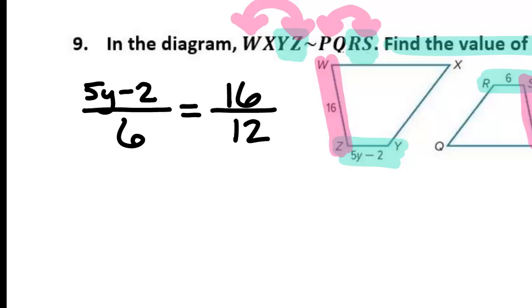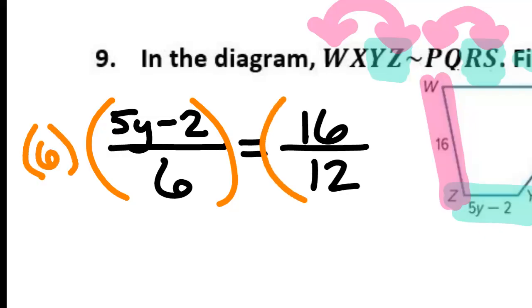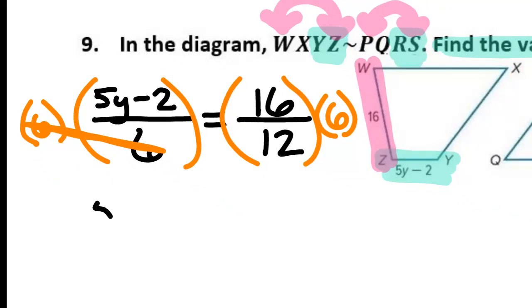So far, so good? Y is right here, and it's part of a fraction. I want to get rid of that fraction. What operation gets rid of fractions for me? Multiplication. What are we going to multiply by then? Multiply by 6, whatever's on the bottom of the fraction. If you do it to one side, you've got to do it to the other side. All right, so the 6's cancel out on the left, which leaves me with just 5y minus 2.